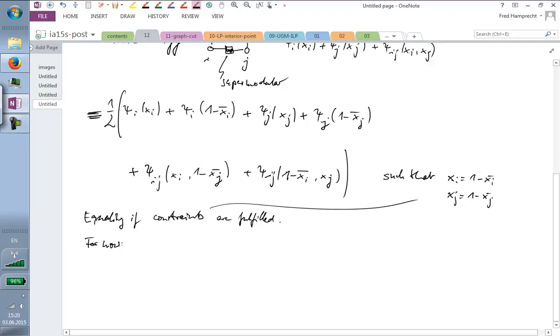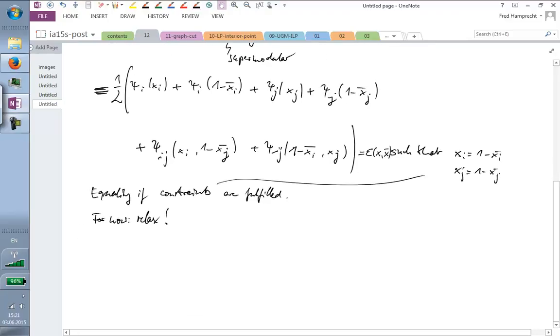But for now, we are going to relax them. We are simply forgetting these constraints. And if I forget these constraints, then I am left with an energy function of x and x bar.